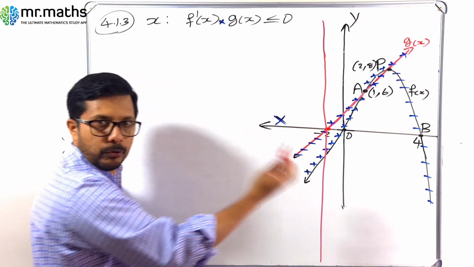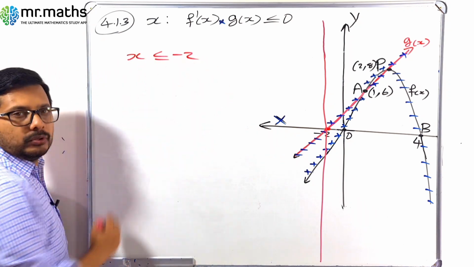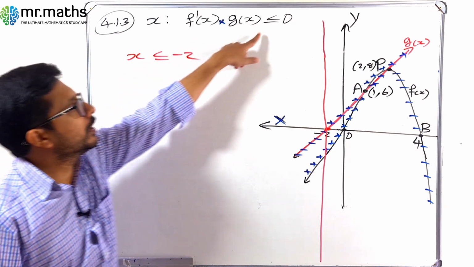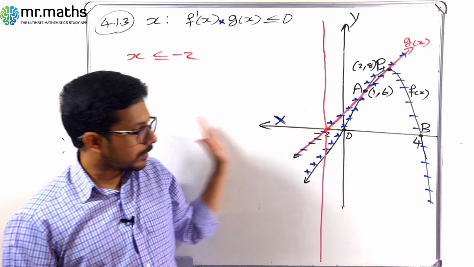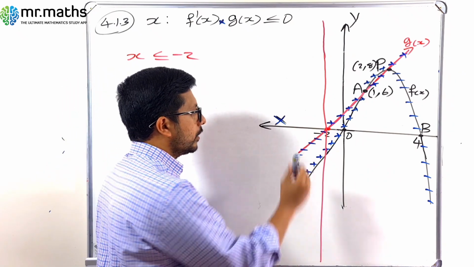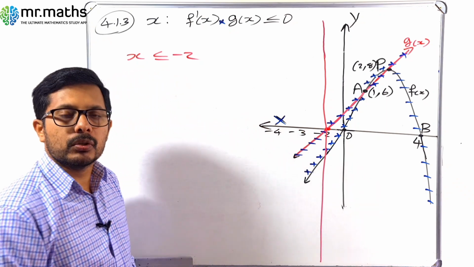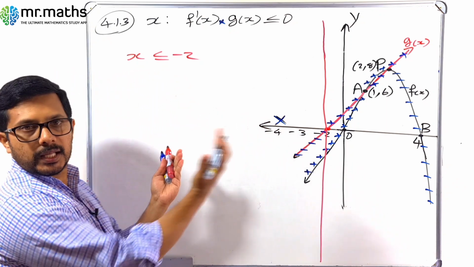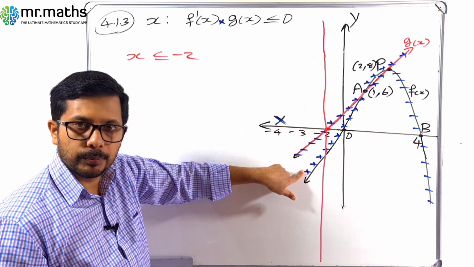Before -2, how can you write? When x is less than or equal to, why is it equal to? Because here it is equal to, that's why. So when x is less than -2, on this side it is less than, am I right? Here -3, -4, that is less than. So when the value of x is less than -2, one graph is negative, the other one is positive.